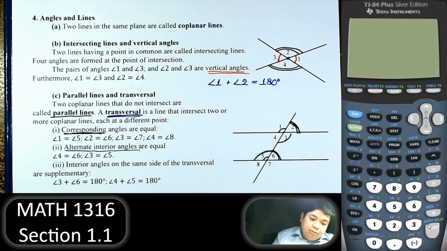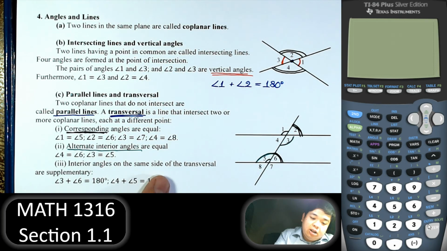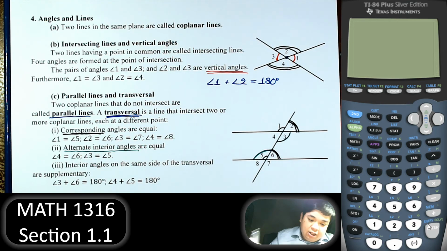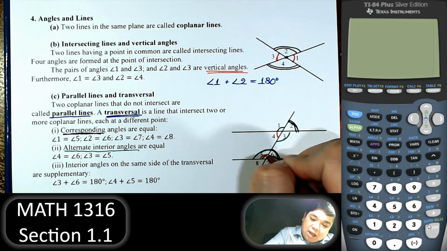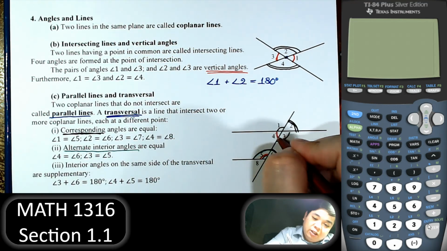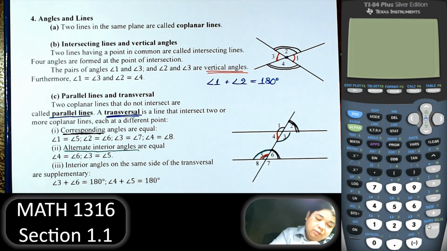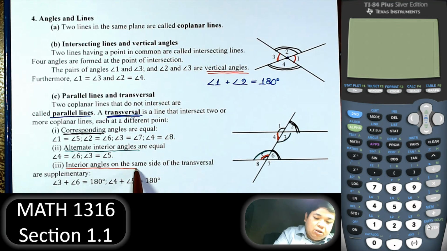Now, interior angles on the same side of the transversal are supplementary, meaning an angle inside, but on the same side of the transversal. Those are interior on the same side.